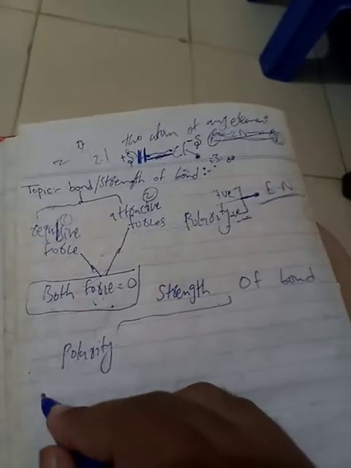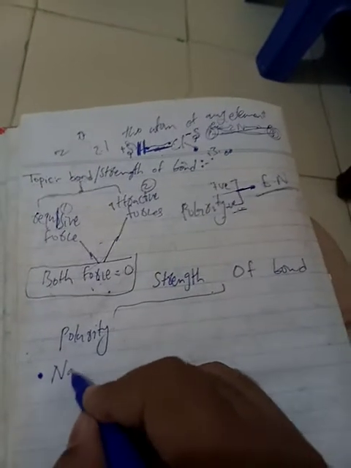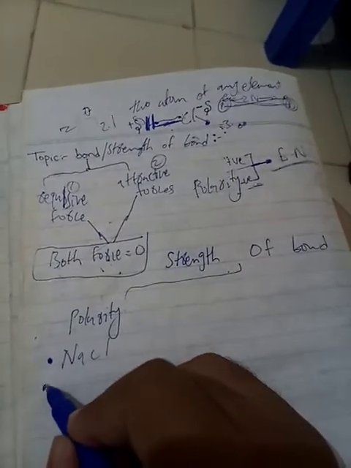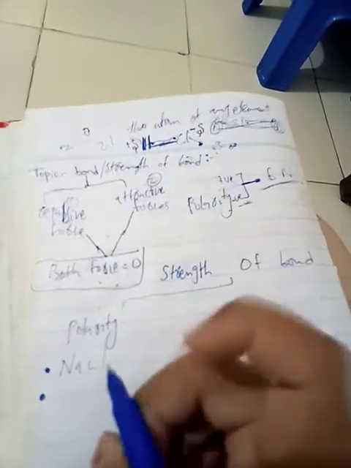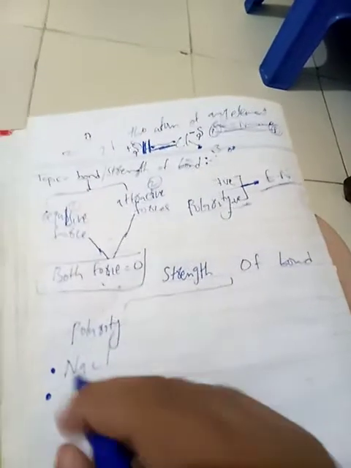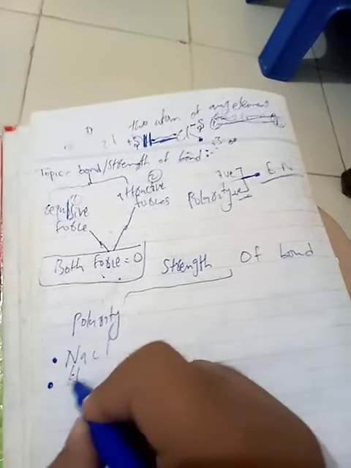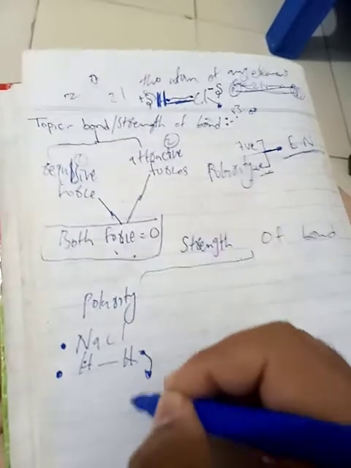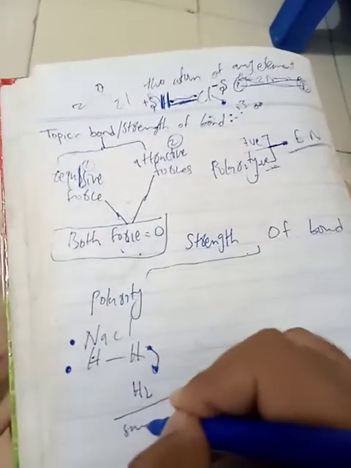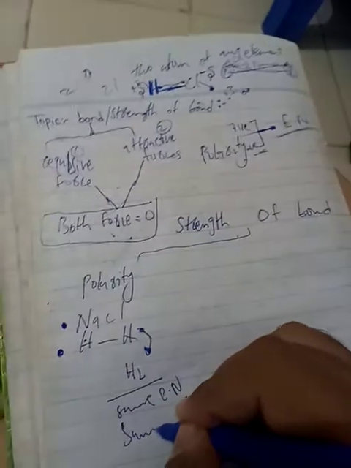For example, we have NaCl, which is an ionic bond, and the other one is a covalent bond. I don't have an example here, so I will choose a covalent bond. Let's look at hydrogen to hydrogen. Here in H2 we have the same atoms, the same electronegativity, and it's a homomolecule.